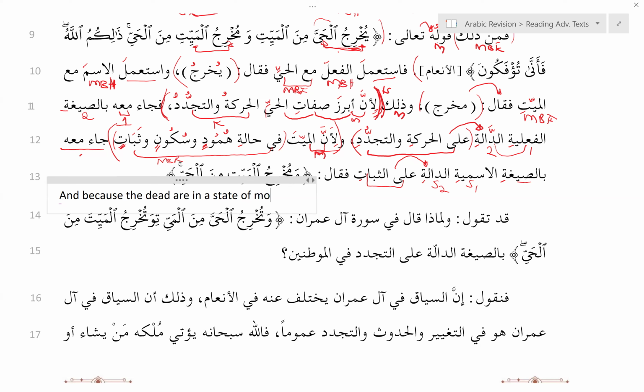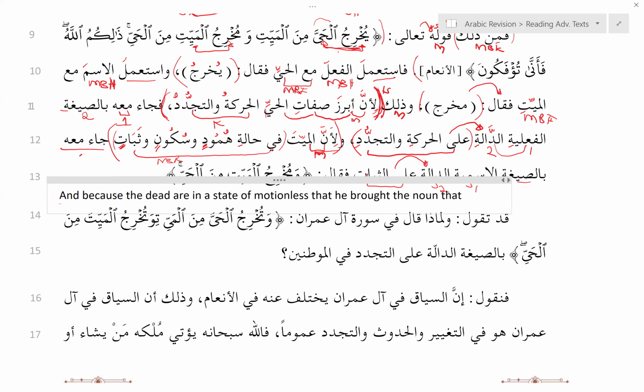So, motionless. Motionless, okay, that makes more sense. That he brought the, we can say the noun. I'm just going to make it simple.